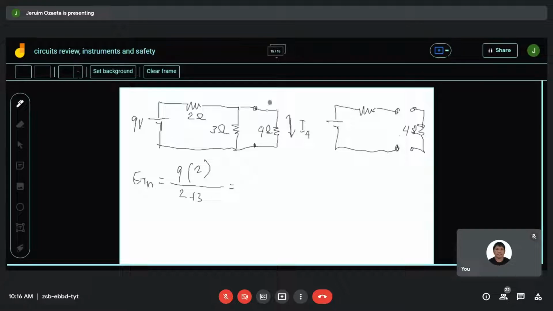This is 3.6 volts. So this is actually 3.6 volts.